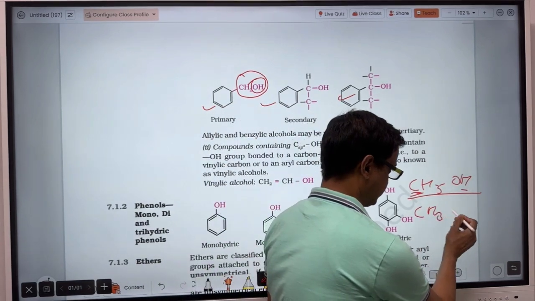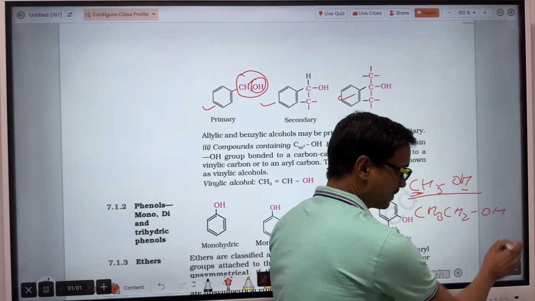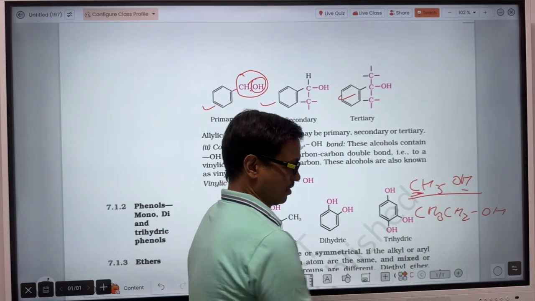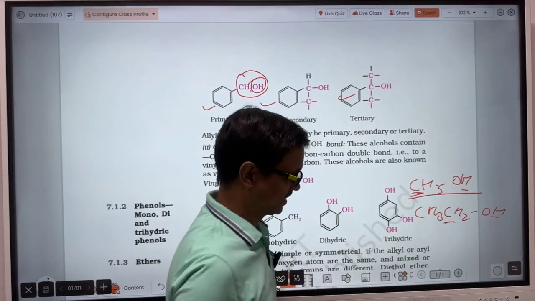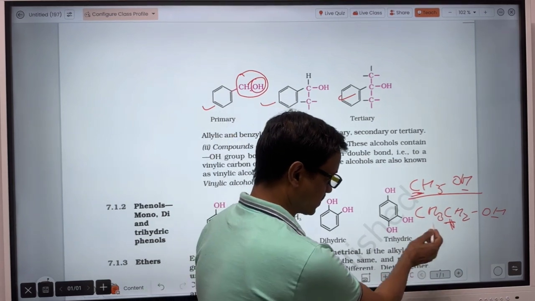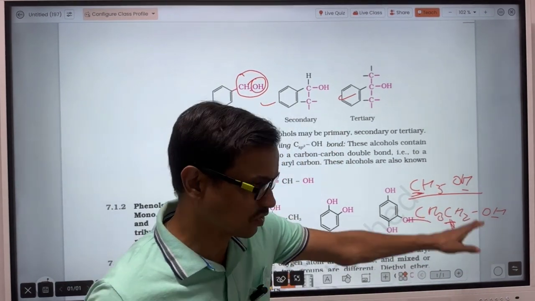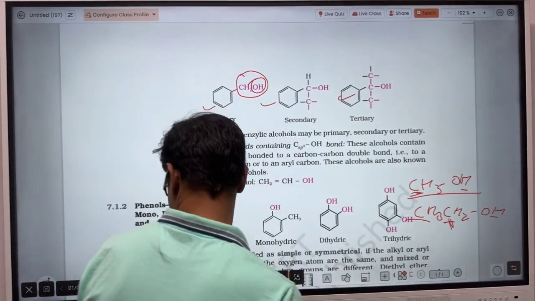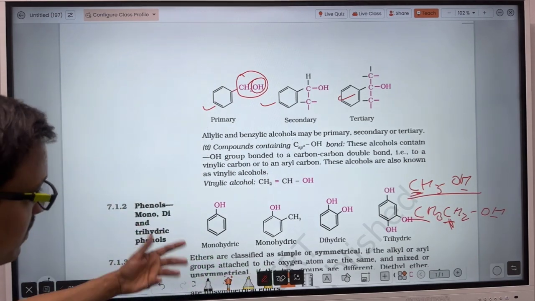And this one is also a primary alcohol because OH is bonded to a carbon atom. How is this carbon a primary carbon? Because this carbon forms a bond with only one carbon. So it is also a primary alcohol. So here we have primary alcohol, secondary alcohol and tertiary alcohol.